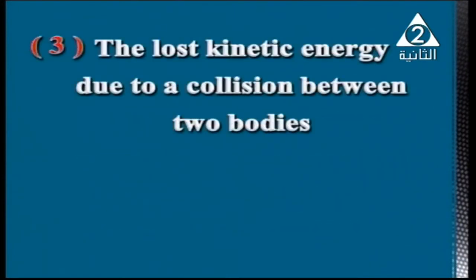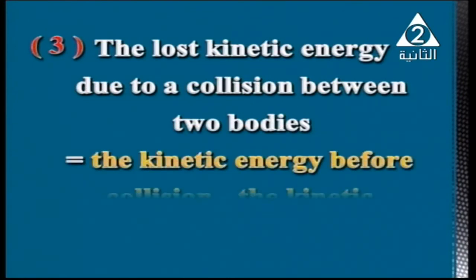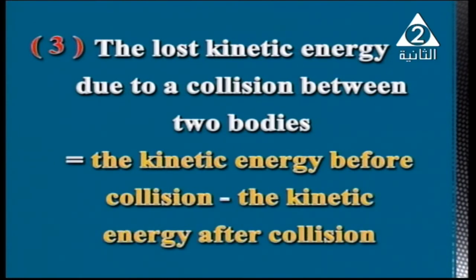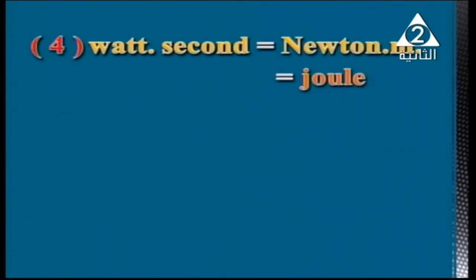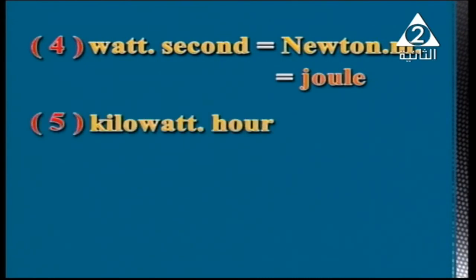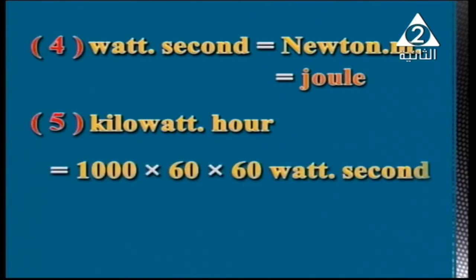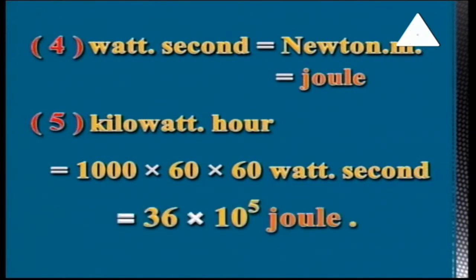The lost kinetic energy due to collision equals kinetic energy before collision minus kinetic energy after collision. Watt dot second equals Newton dot meter, which equals joule. Kilowatt dot hour equals 1000 times 60 times 60 watt dot second, equals 36 times 10 power 5 joule.